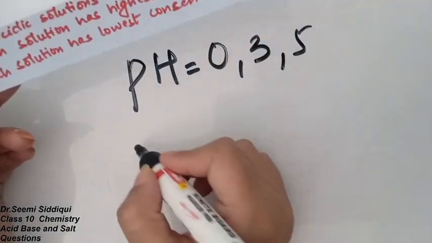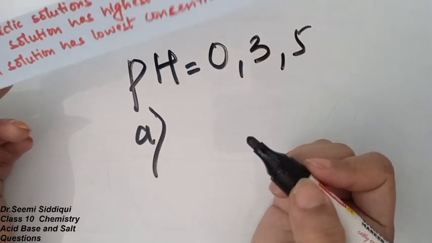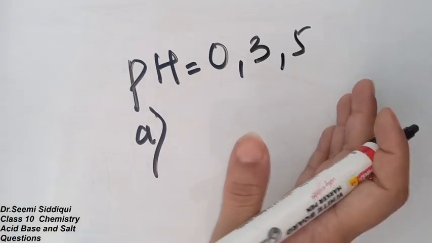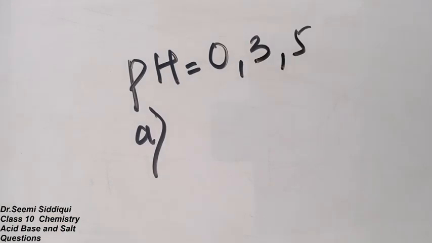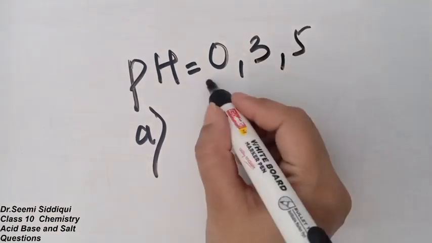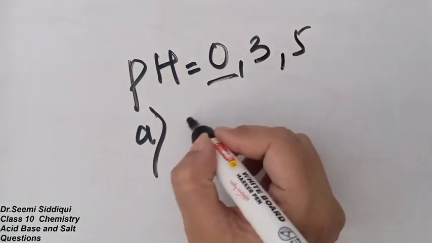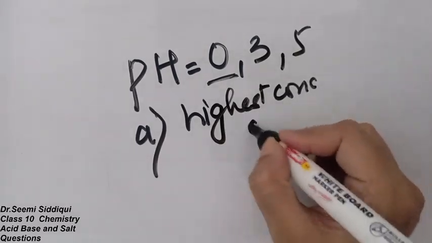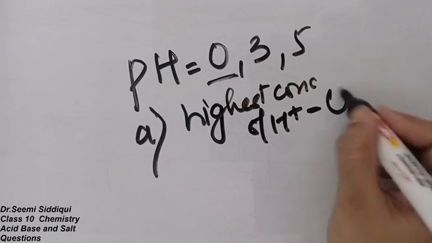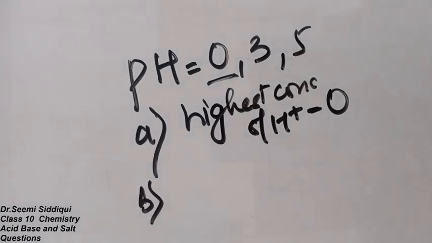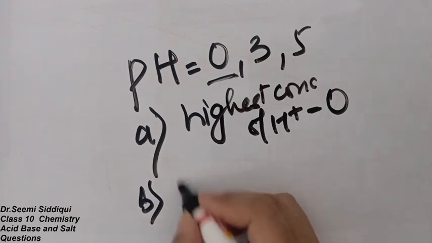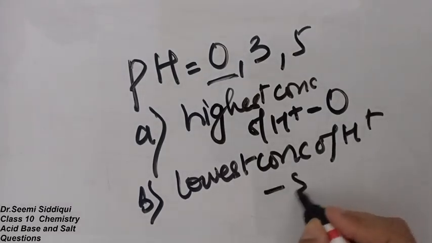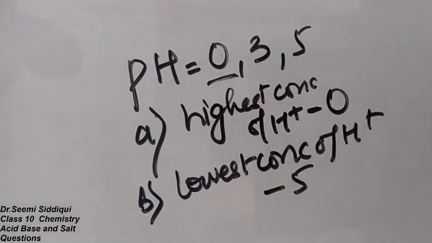We know that as we move towards the left side from 7, it is more acidic in nature. So pH 0 has the highest concentration of H+ ion, and 5 is near to 7, so it has the lowest concentration of H+ ion, that is pH 5. Clear?